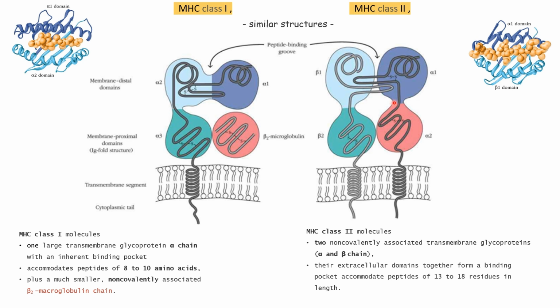So for MHC class 2, we have an alpha and a beta, and we have alpha 1 domain, alpha 2 domain for alpha, and beta 1 and beta 2 domain for beta. And each one of these has its own transmembrane domain and cytoplasmic tail. And these molecules associate with each other in a non-covalent fashion.